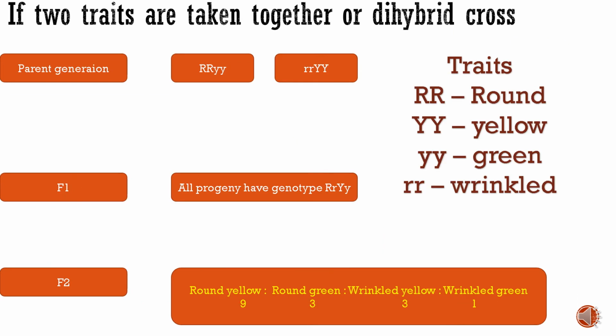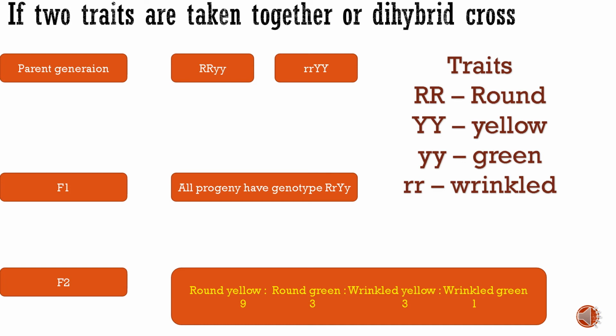Now we are going to study dihybrid cross. It is basically when we take two traits together and combine them. For example, let's take the parent generation as the first one a round and green pea plant, the second one a wrinkled and yellow pea plant.